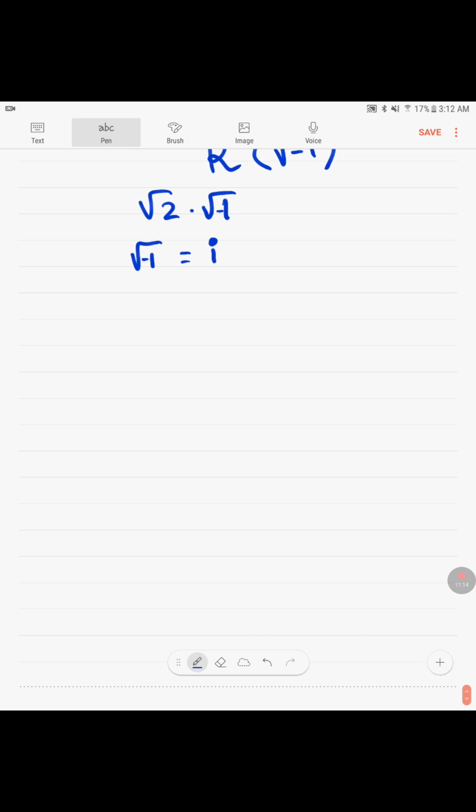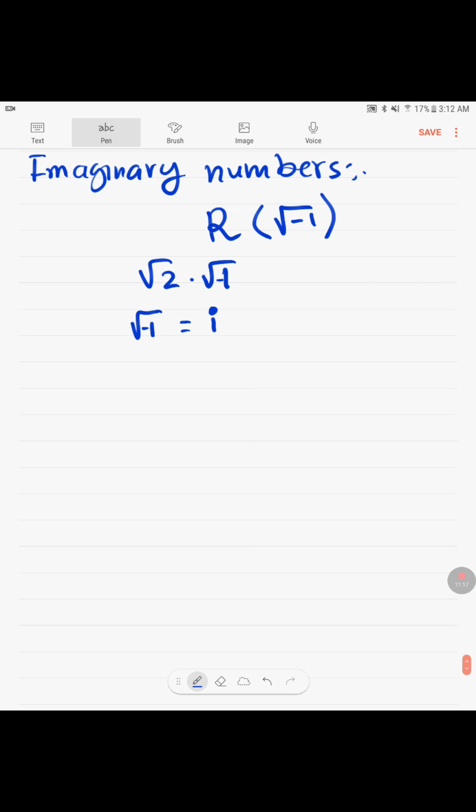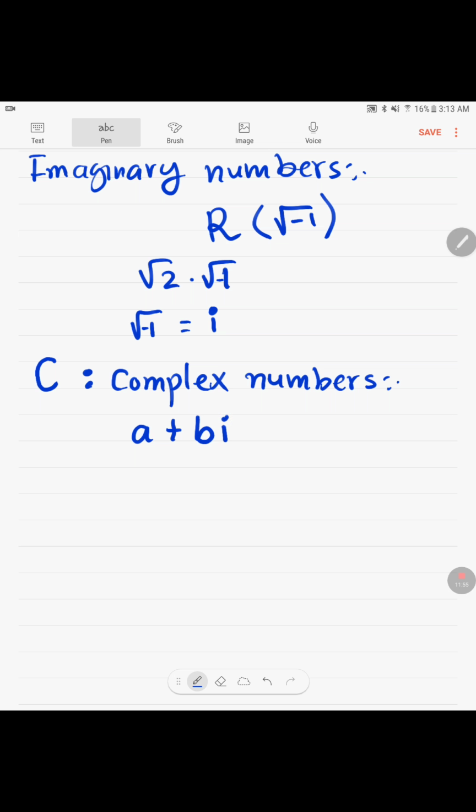Now we come to the category that includes imaginary numbers, which is called complex numbers. Complex numbers are represented by the letter C, and complex numbers are those numbers that could be written in the form of a plus bi.